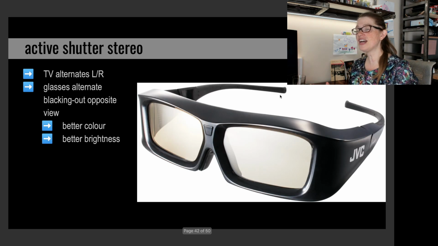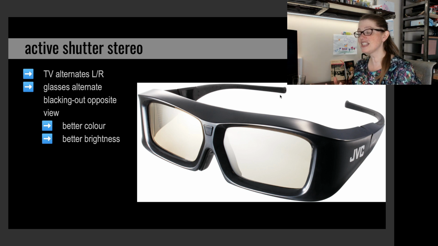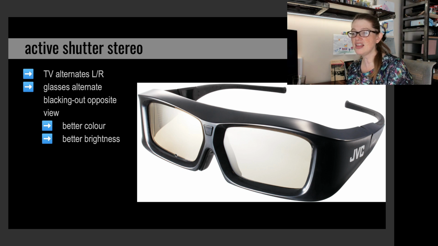Now, if you're using stereo at home, or if you're at a super fancy 3D movie theater, you might get to use what's known as active shutter stereo glasses. These glasses look very similar to polarized glasses, but they are very different. They are not cheap pieces of plastic that you want to throw out. These lenses are actually LCD screens, and these glasses have power.